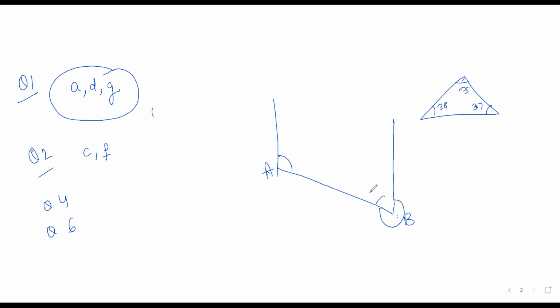And this part is 37. And this part would be what? From north to A from B is 290. So this is going to be.